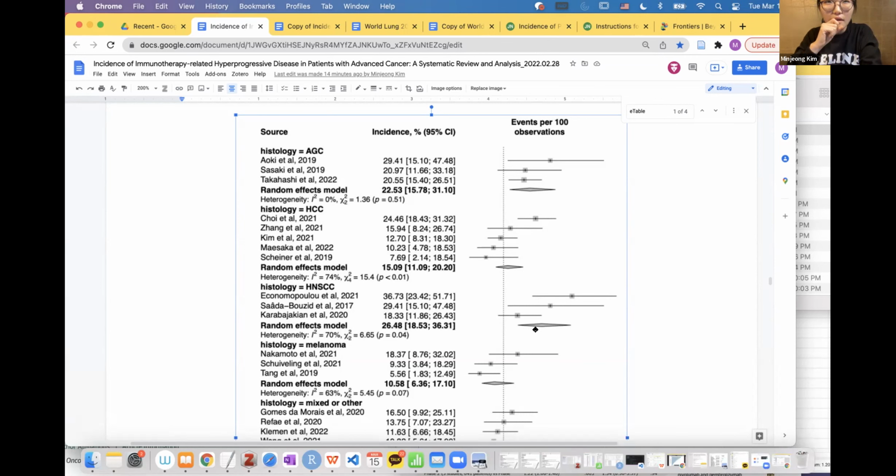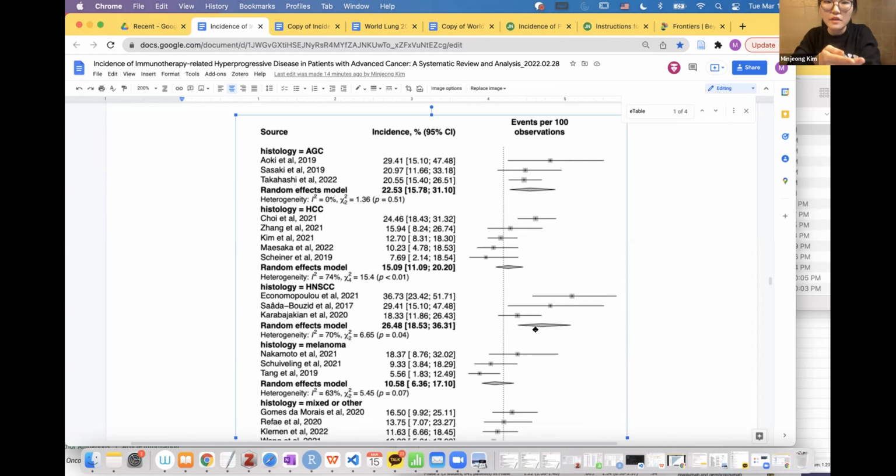I don't think all of them mentioned MSI stability, but MMR status was mentioned in 2 of the papers, and a majority of the study population had basically high instability.